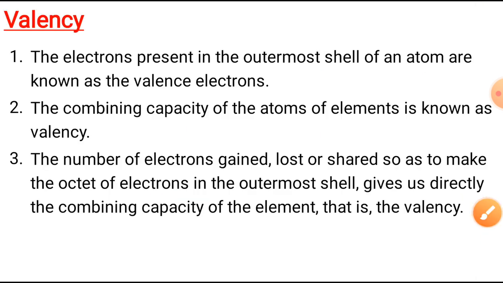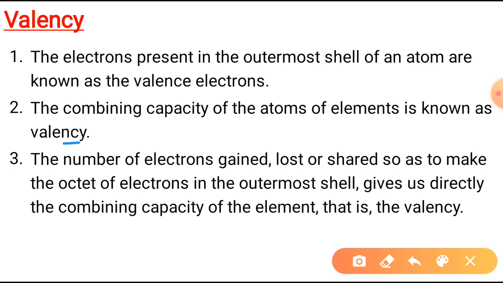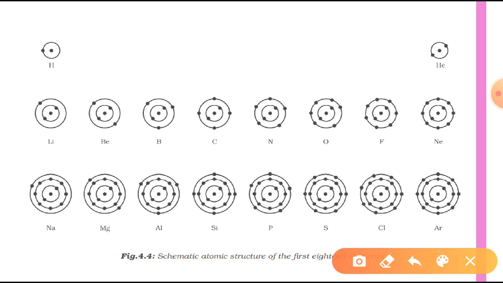Now students, the combining capacity of an atom is known as valency, which you can understand as the number of electrons gained, lost or shared in order to complete octet or doublet. Let's go back again and understand this. Look, this is fluorine. Fluorine has atomic number 9 and its configuration is 2, 7.